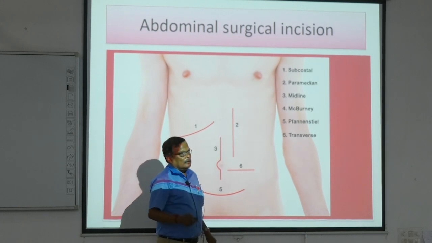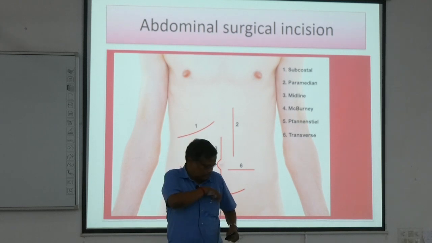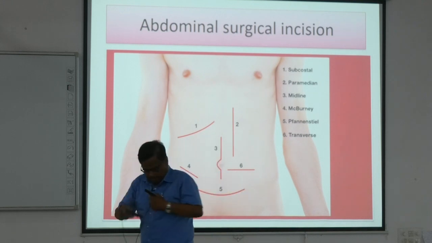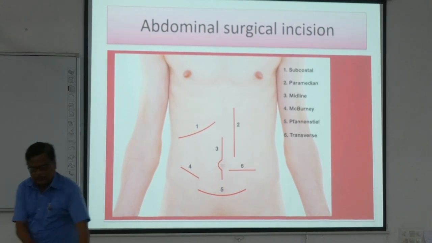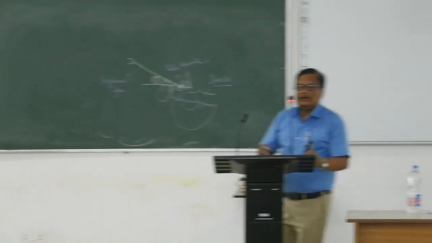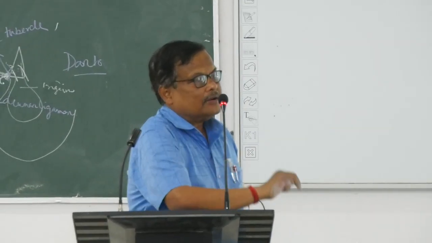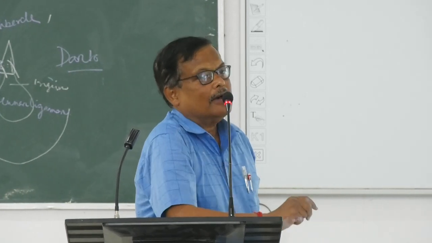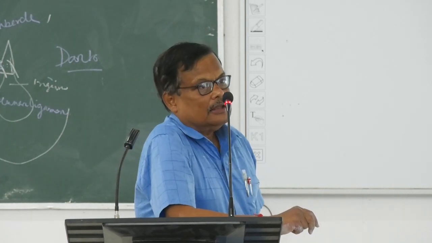Just lateral to the midline, here we start the rectus sheath. Clearly part the rectus sheath and retract the rectus laterally so that nerves are not injured. It is the best operation in laparotomy.